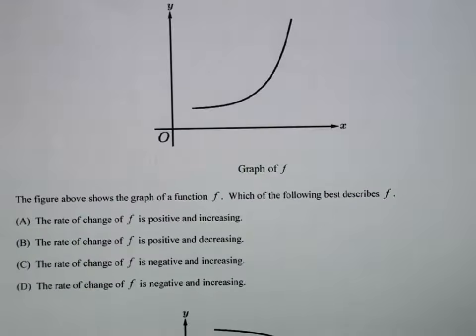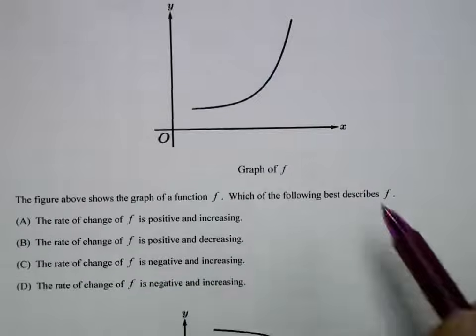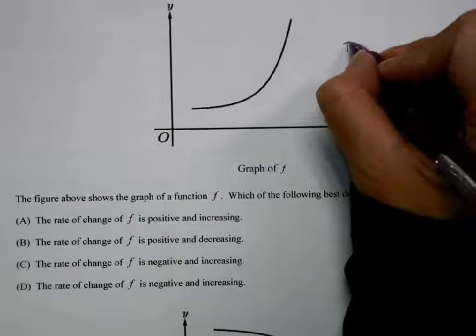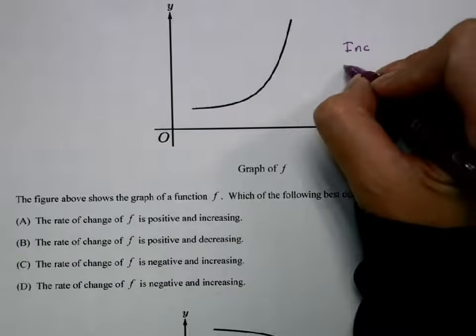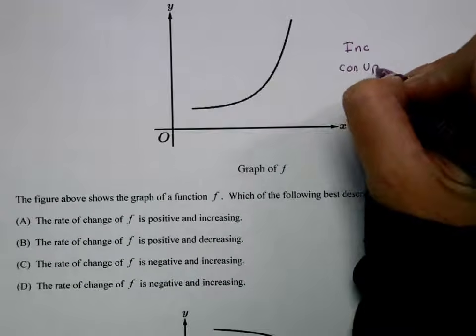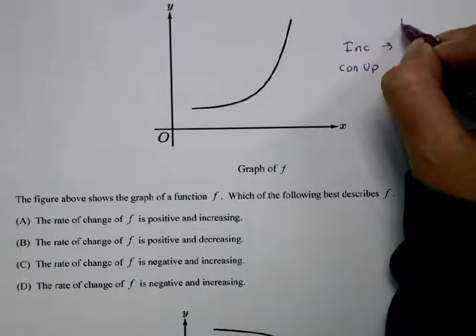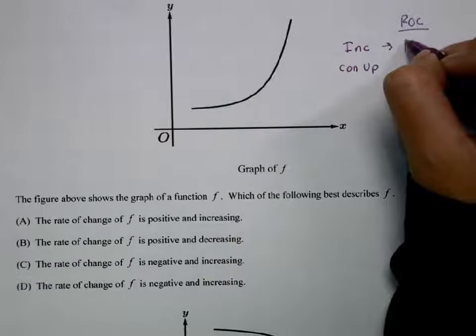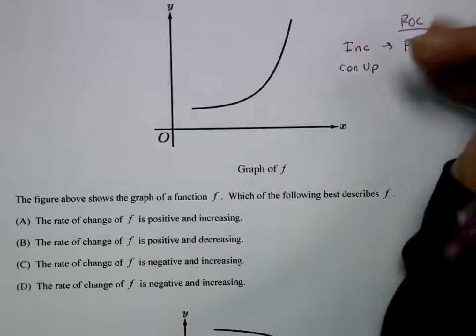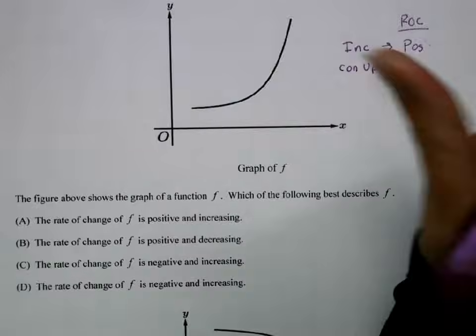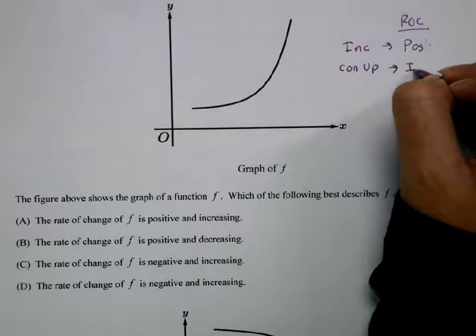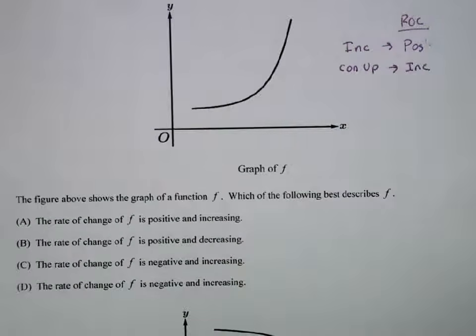Okay, so we're going to describe the rate of change based on these graphs. So this is increasing and concave up, which means my rate of change is positive and it is increasing. So if I go here, positive and increasing is that.